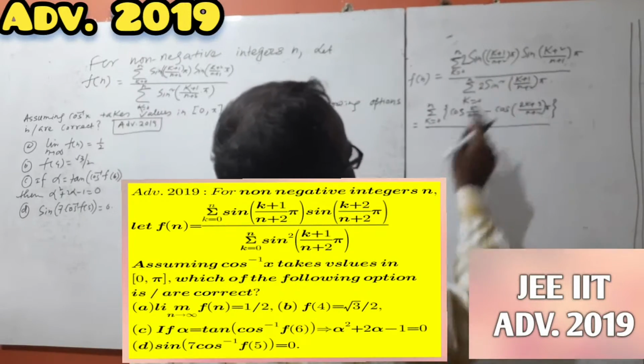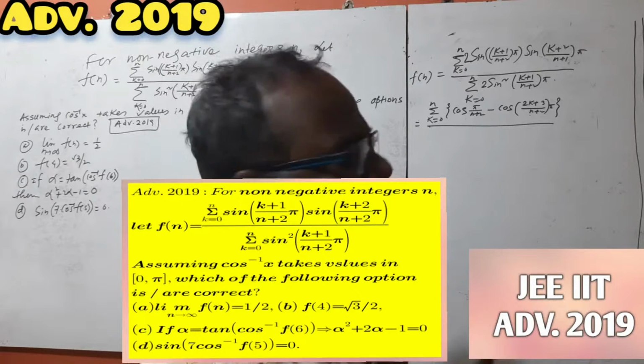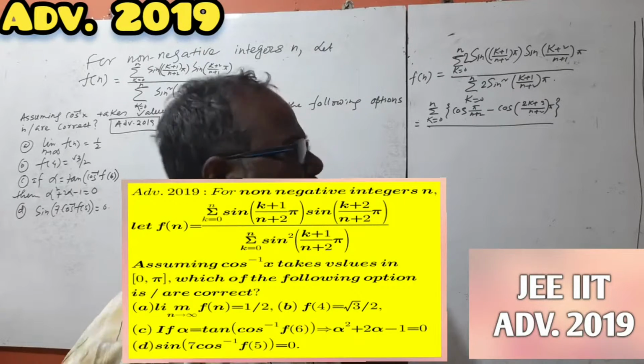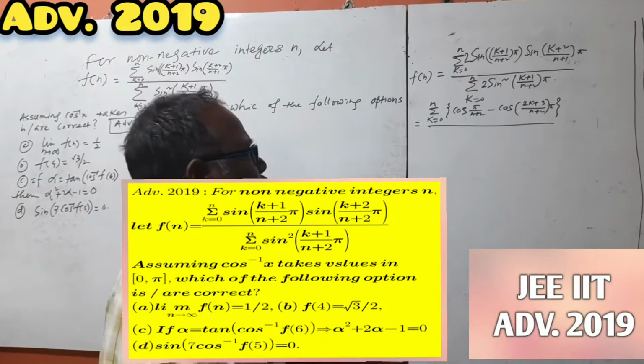Now 2 sine squared theta can be written with the help of the multiple angle formula as 1 minus cos 2 theta.